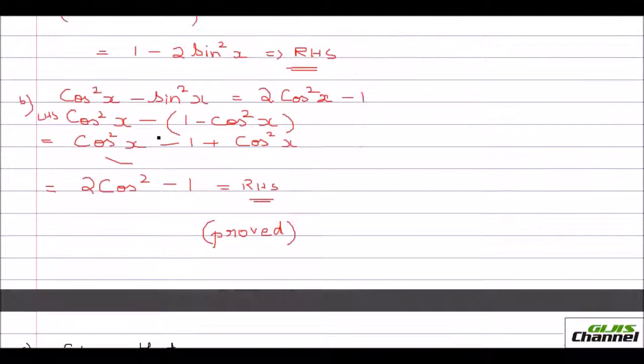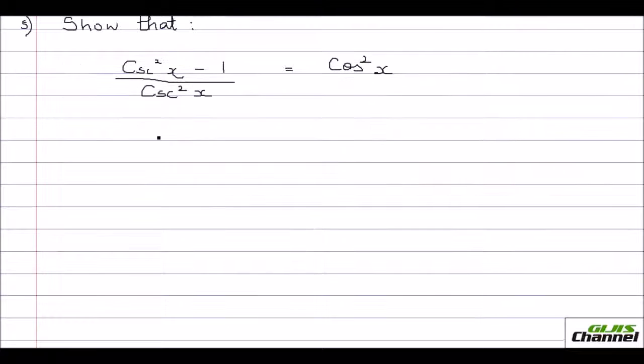Okay. Now the last one, show that cosecant square x minus 1 divided by cosecant square x is equal to cos square x. Again, I start with the left hand side. The cosecant square x I can convert into sine square.